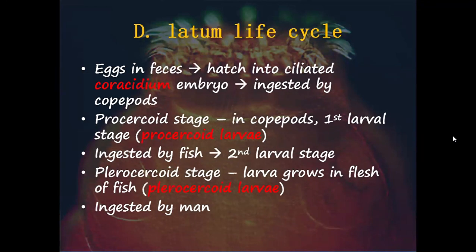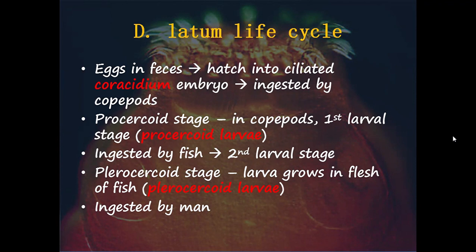Okay, so the life cycle. Let's start with the eggs that are released in the feces. Eggs released in the feces reach the body of water, and they hatch to release a ciliated coracidium from the embryo. This small coracidium will be ingested by your first intermediate host, which are copepods.